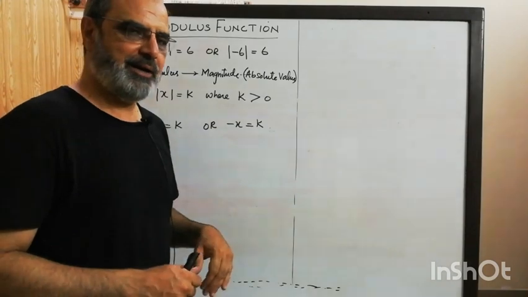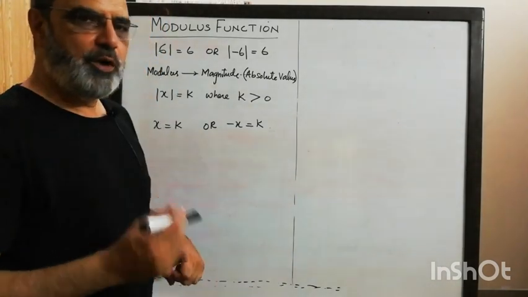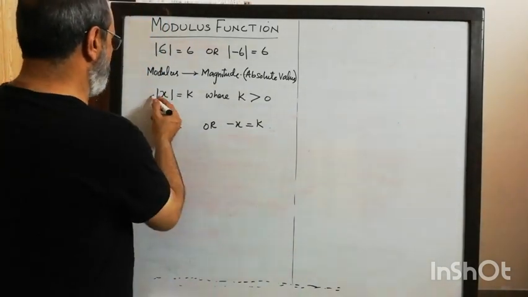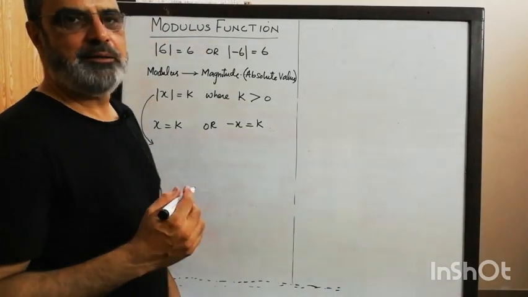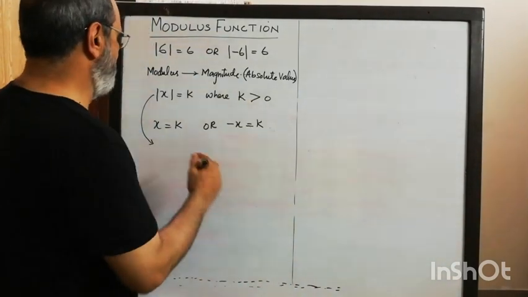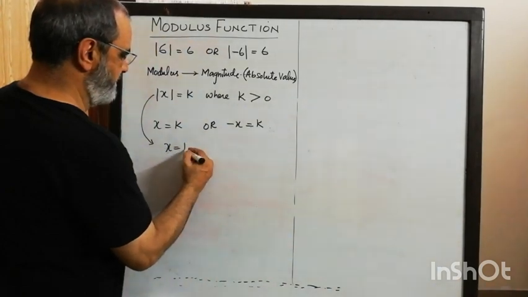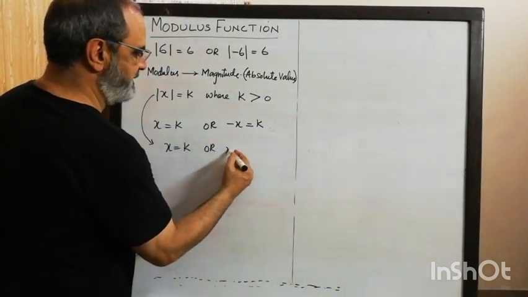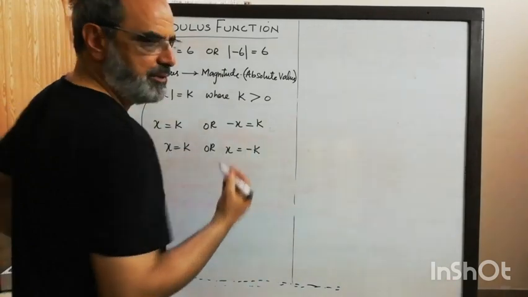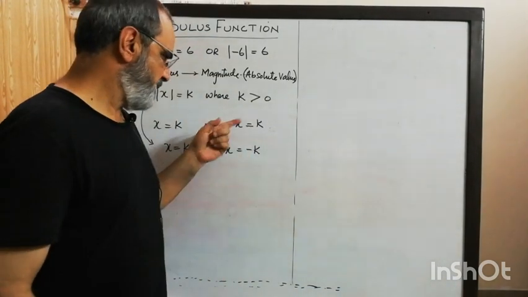But instead of writing in this manner, we will be using a property. According to that, when we remove the modulus, we write x is equal to k or x is equal to negative k. There is no difference between these two expressions.